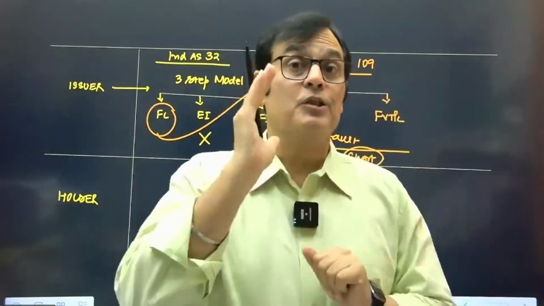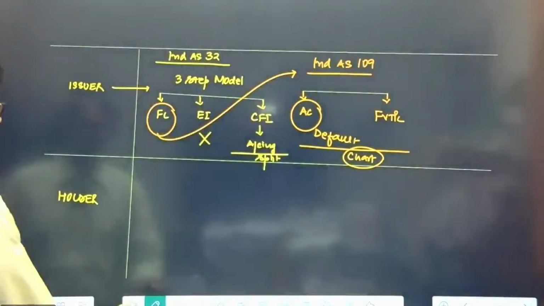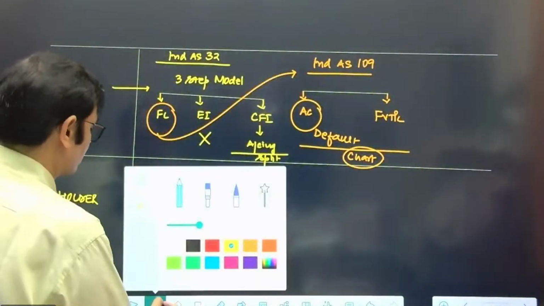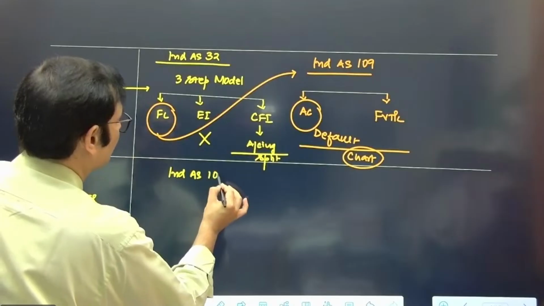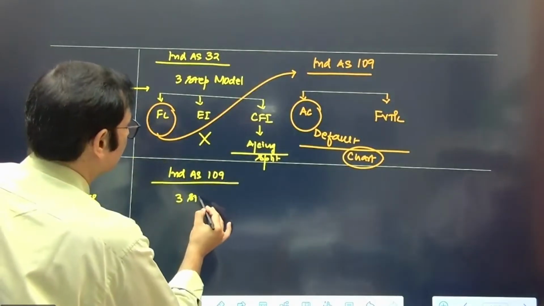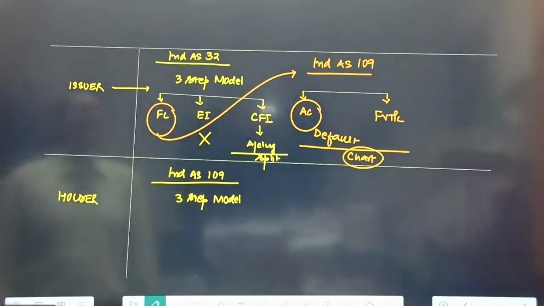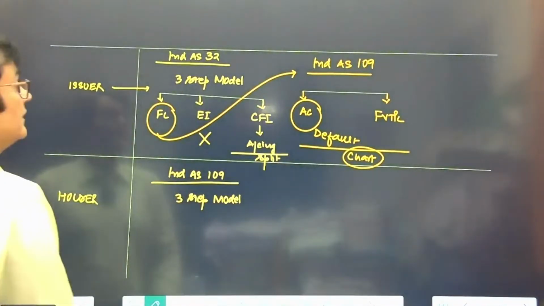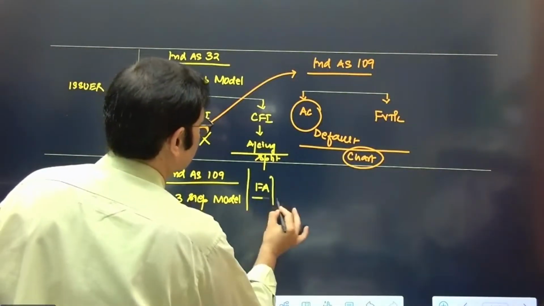The issuer is done, so the focus now turns onto the holder. Coming back to the holder, what did we do? We started a journey in terms of Ind AS 109. Again, I gave you a three-step model for deciding the various measurements of financial assets, because in this case, the holder is always calling this a financial asset.